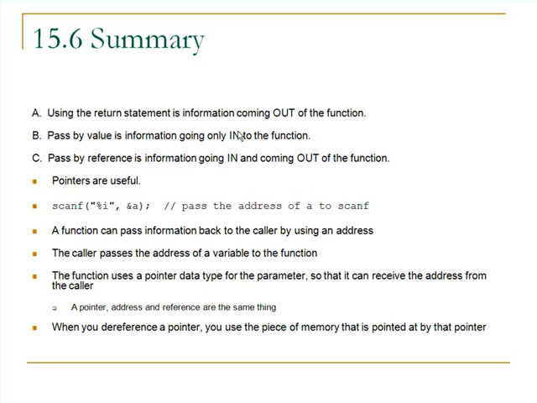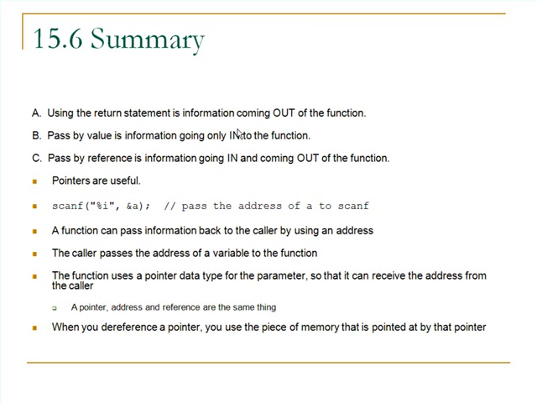No information gets back to the caller when you pass a parameter by value. When you pass a parameter by reference, information is going in and out of the function. And to pass something by reference, we pass a reference to a piece of data, or the address of a variable, or a pointer to a variable. Those are all the same thing.